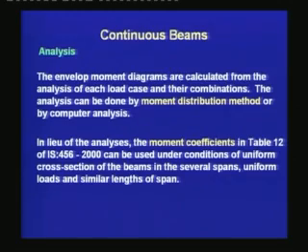Thus, the method of analyzing a continuous beam is the moment distribution method or a computer analysis. Now, when we analyze these several load cases, one for the dead load, another for the uniform live load and others for the pattern loading, from this we get the moments at the spans and at the supports, and then we combine the moments based on the load combinations.